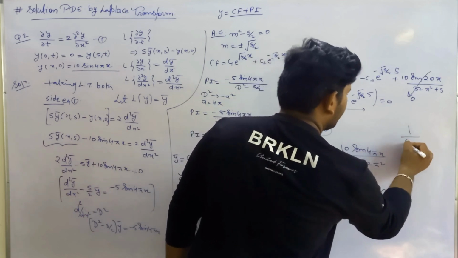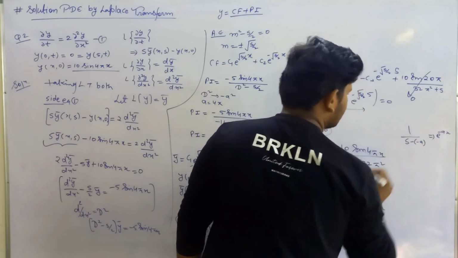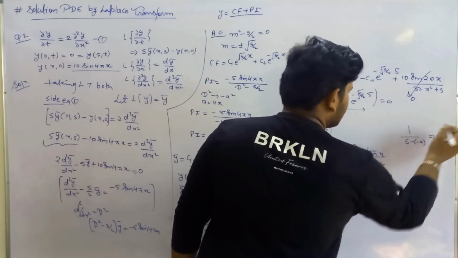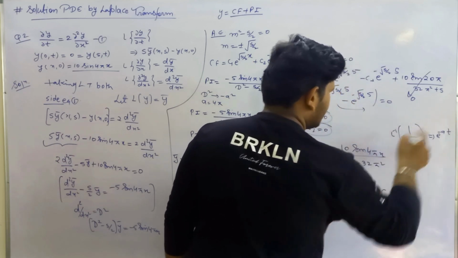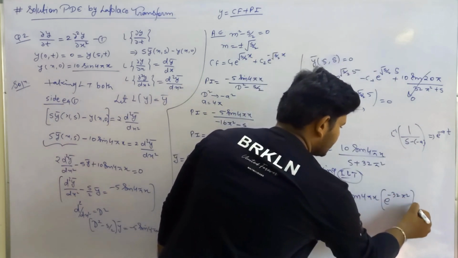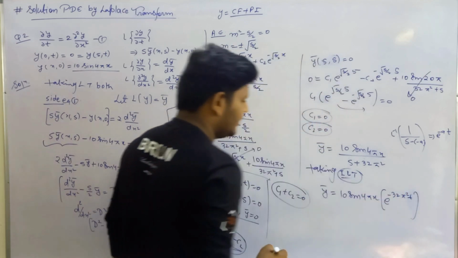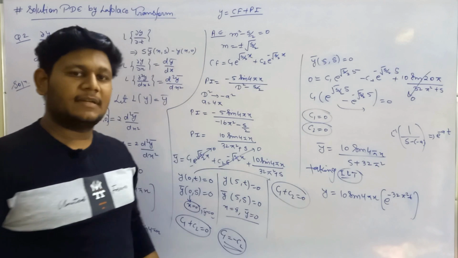It means 1 upon s minus a is nothing but e to the power minus at. The Laplace transform of this is e to the power minus at. It means it is e to the power minus 32 pi square t. So this will be the required solution for this differential equation.